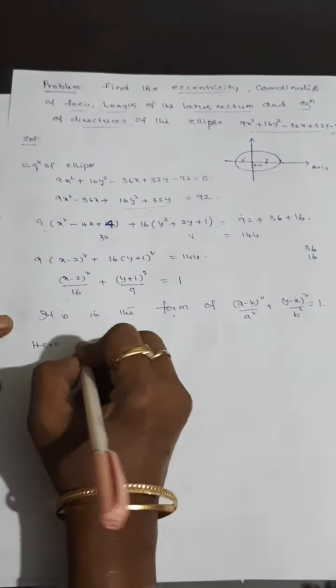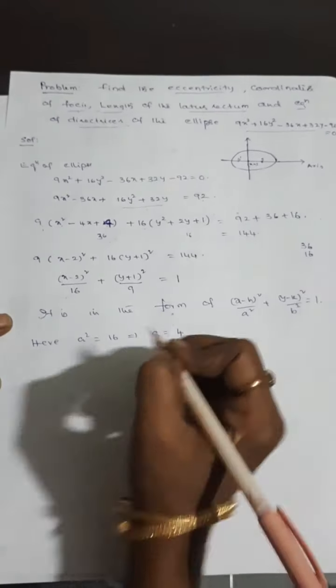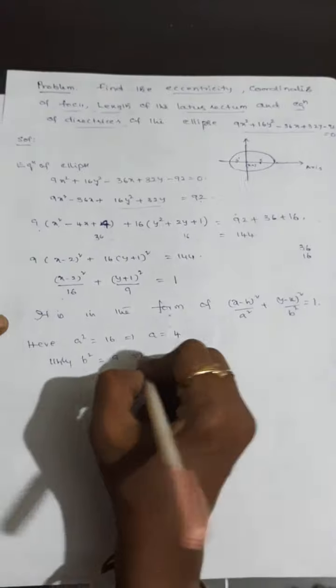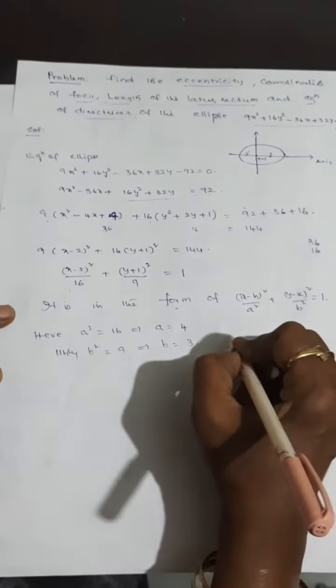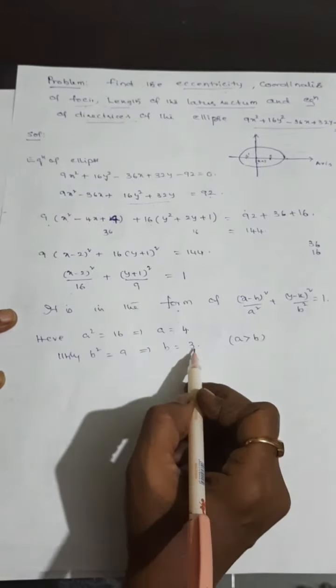Here a square is equal to 16, implies a is equal to 4. Similarly, b square is equal to 9, implies b is equal to 3. So a is greater than b, 4 is greater than 3.